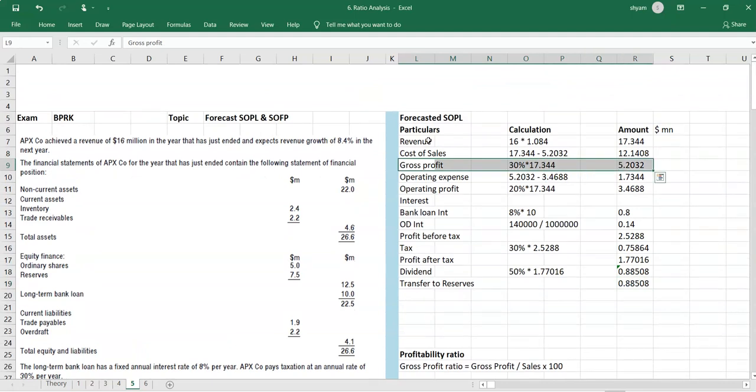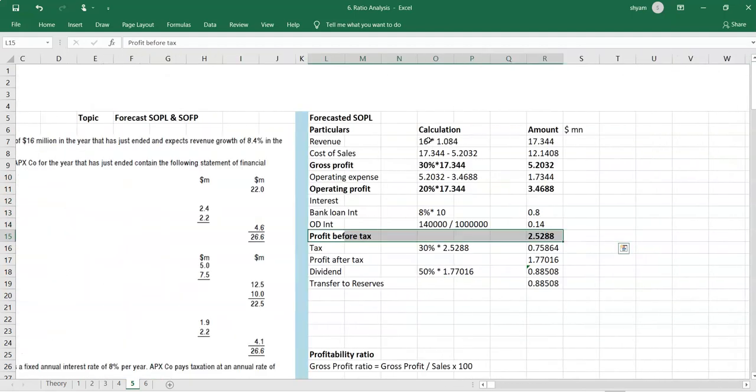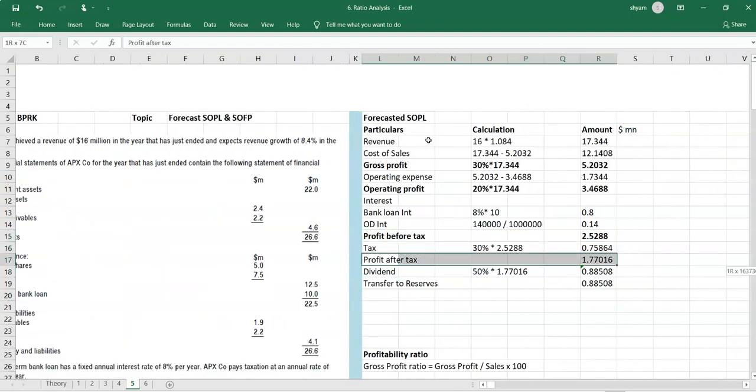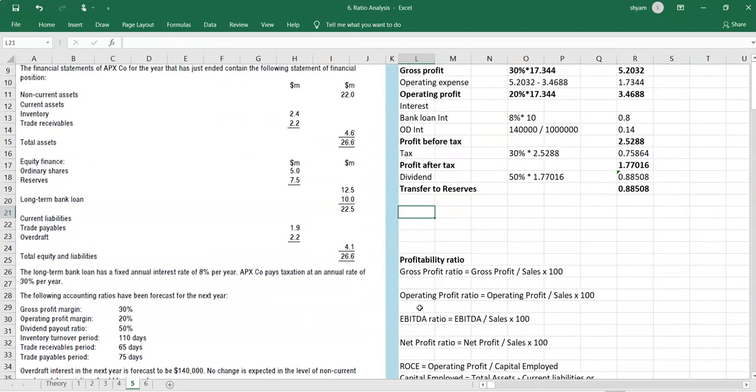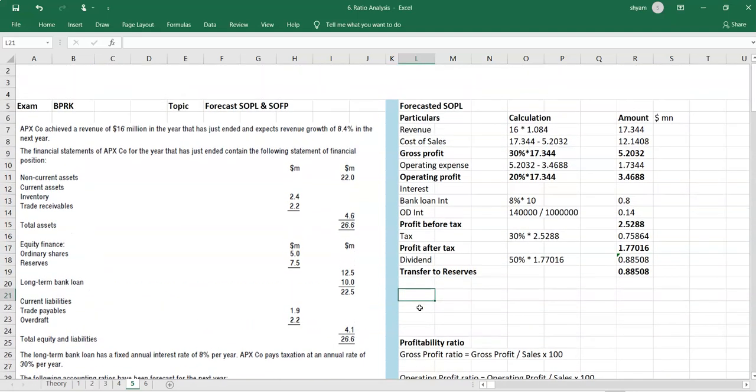Usually the gross profit, the operating profit, profit before tax, profit after tax, and transfer to reserve are the key numbers, so we'll just highlight those. Next we have to find out our SOFP, so we can start with that.